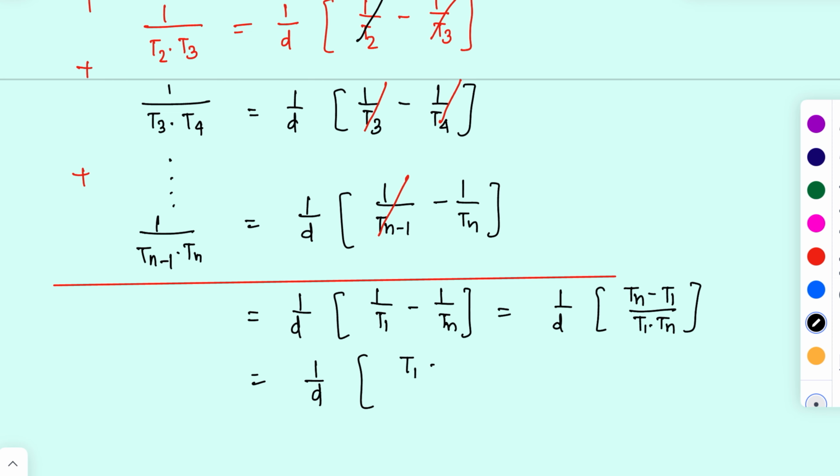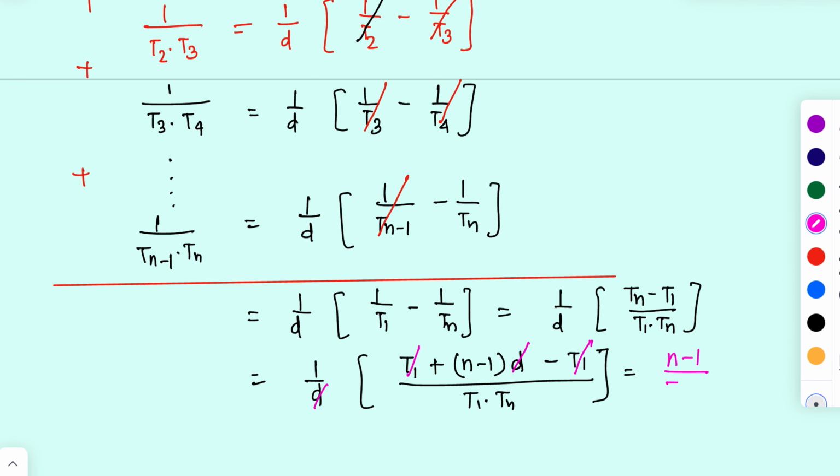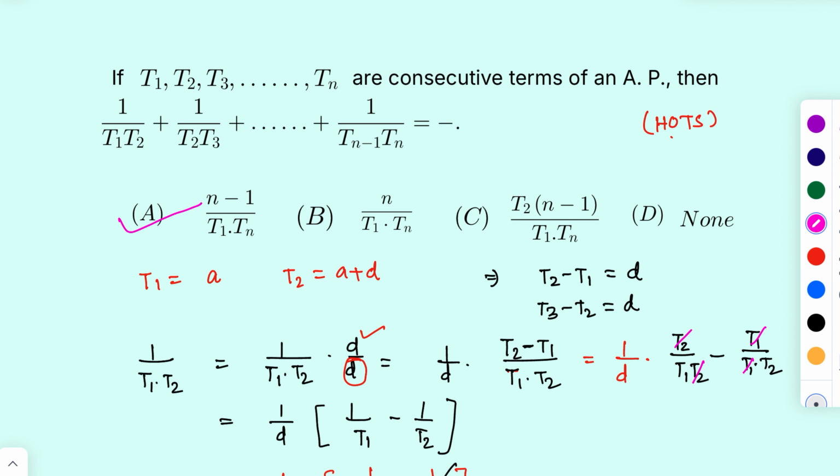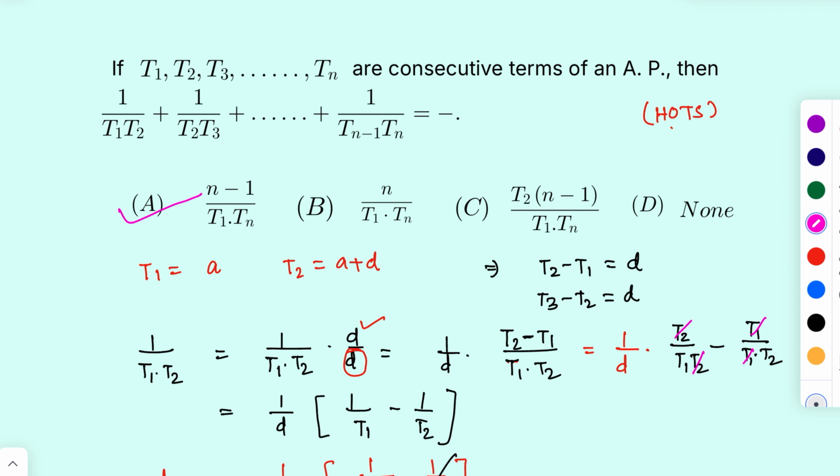So this is equal to 1 by d, tn is t1 plus (n minus 1) into d, minus t1 keep as it is, divided by t1 into tn. Now this t1 plus t1 minus t1 will be cancelled out, d will be cancelled out, and we will have n minus 1 by t1 into tn. This will be the answer. This is the first choice.